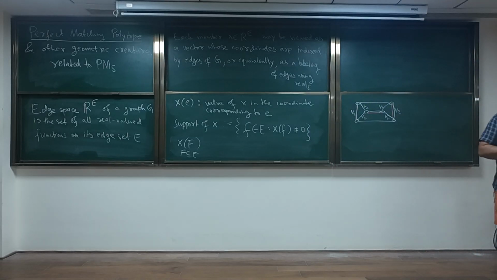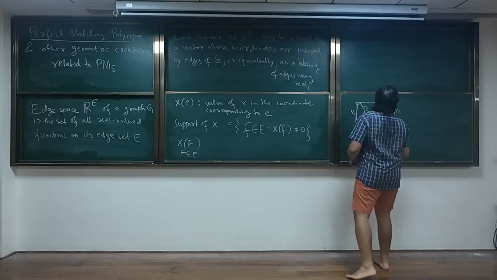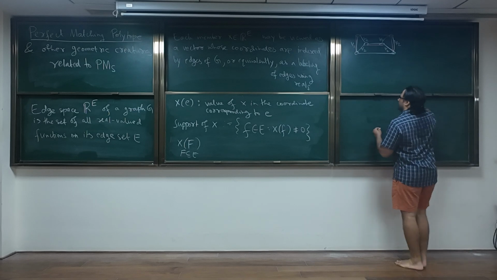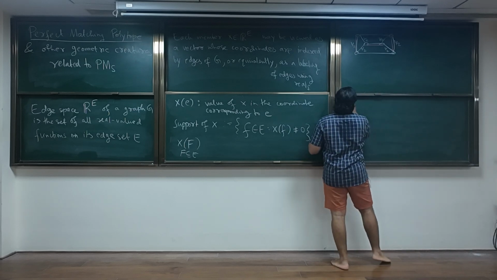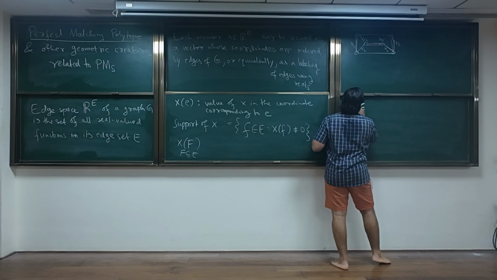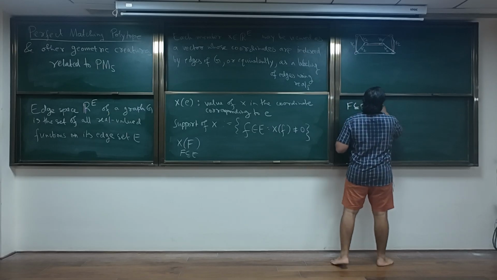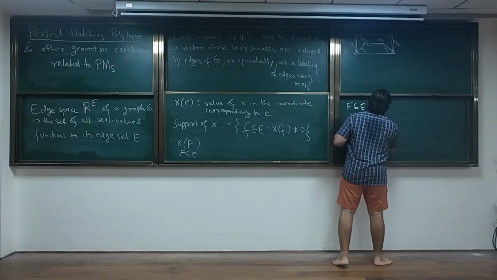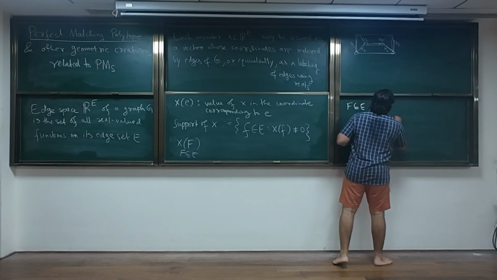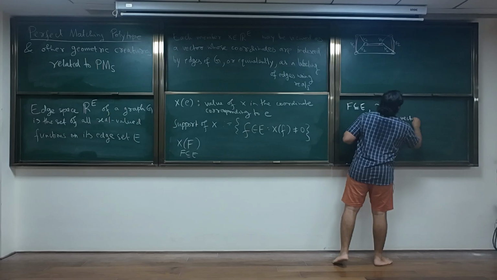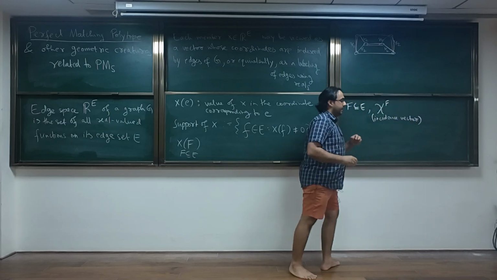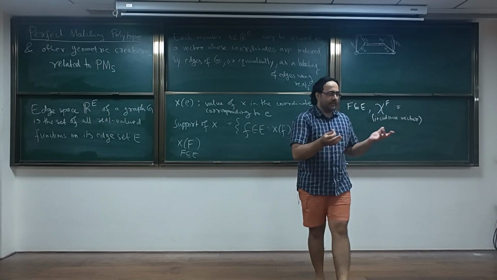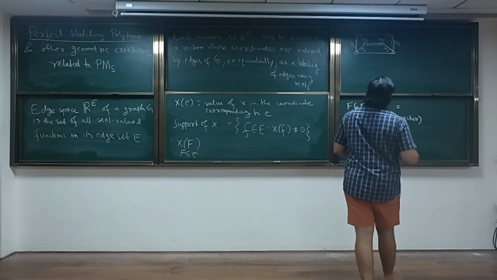Okay. So one way to define it is to do it the following way. We'll find this notation useful. So for any subset of the edges, its incidence vector is simply you put 1 wherever the edge is included and 0 wherever it is not included.